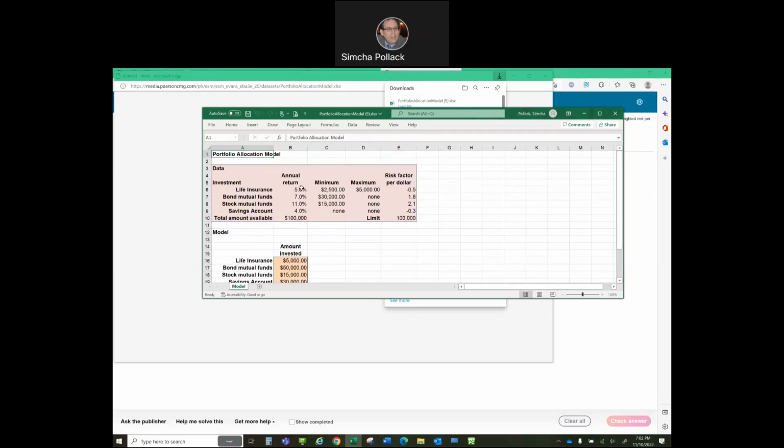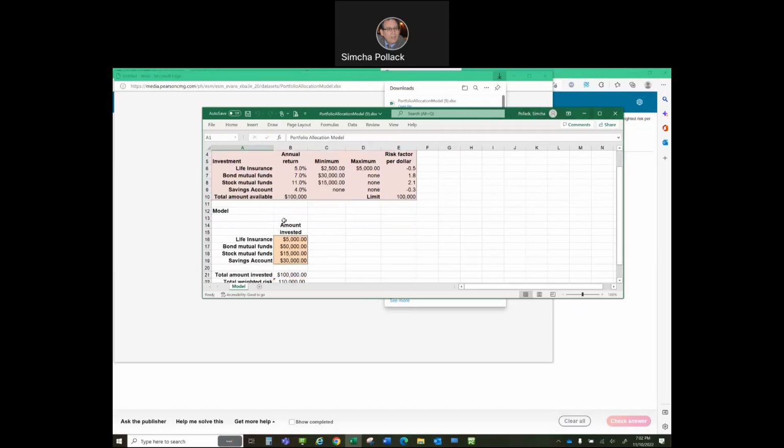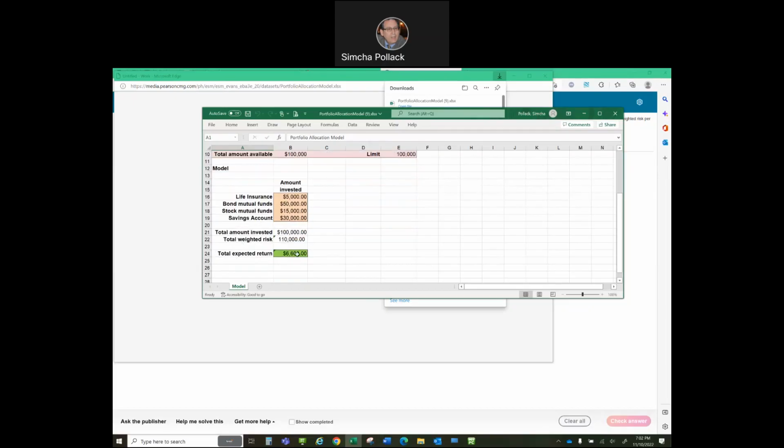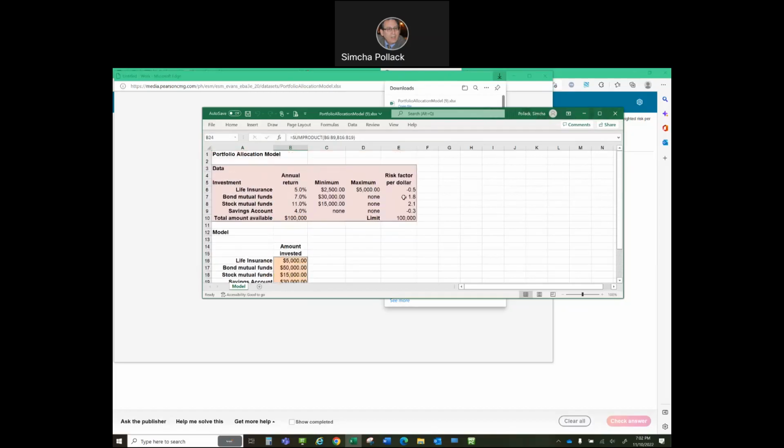If you multiply the percentage by the amount invested in each of these things, 5% times 5,000, 7% times, you'll get the expected return by the formula, the sum of the products, and likewise the risk.